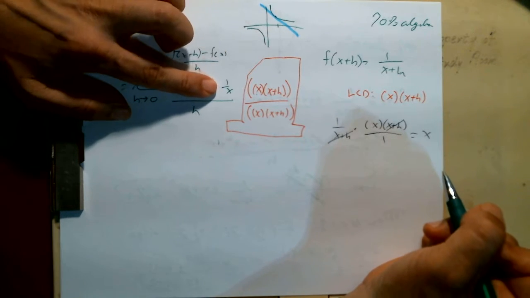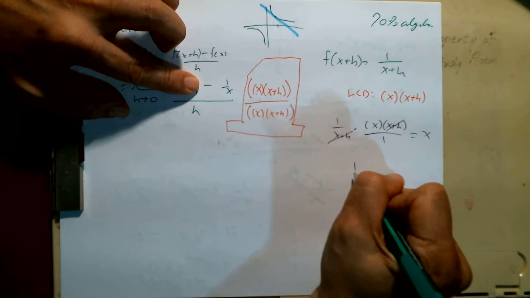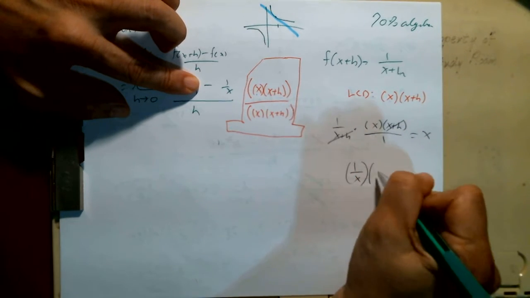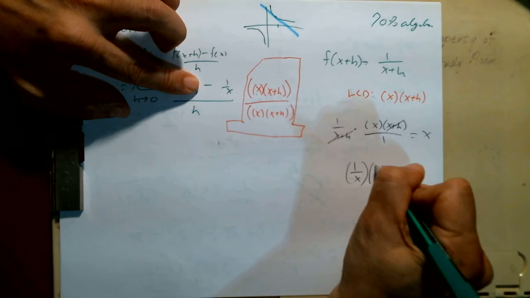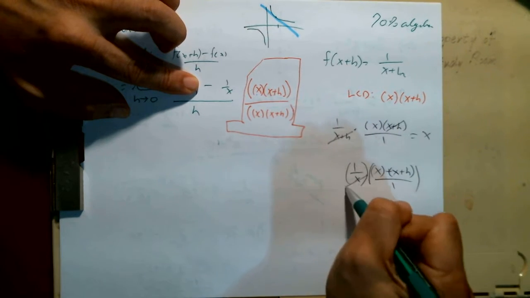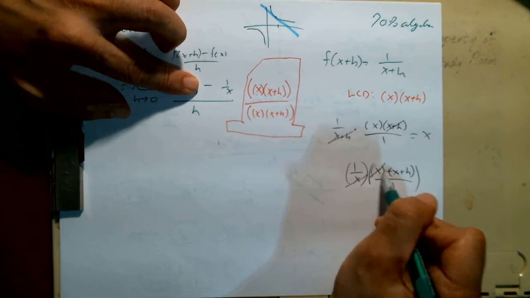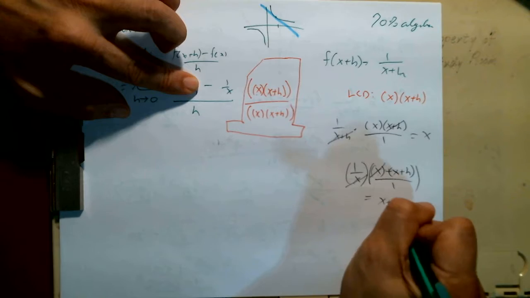Now the second term right over here: 1 over x times x times x plus h over 1. Notice that 1 over x cancels with the x in the numerator, so you end up with x plus h.